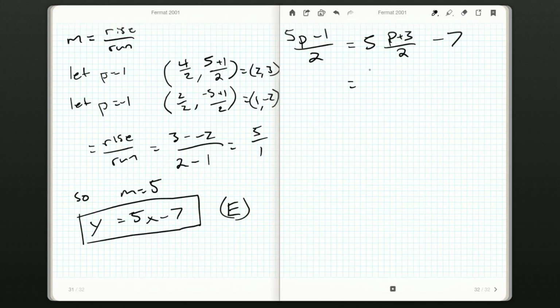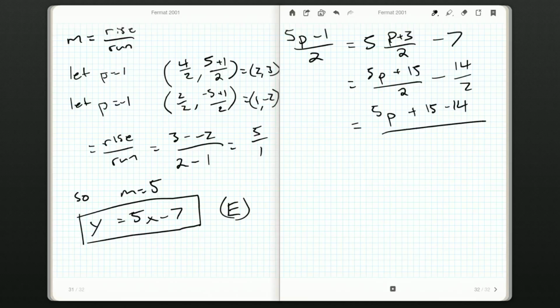So 5 times that x coordinate is going to be (5p plus 15) over 2, and we'll change this 7 into 14 over 2, so we can combine these two fractions, all over 2. And wouldn't you know it, both sides are equal. Okay, so we did a little double check, and every one of these midpoints satisfies this line. So we do know we definitely have the right answer.